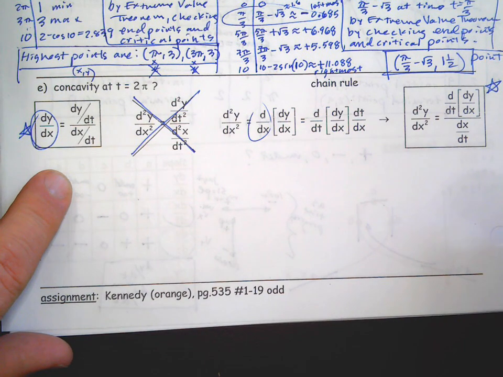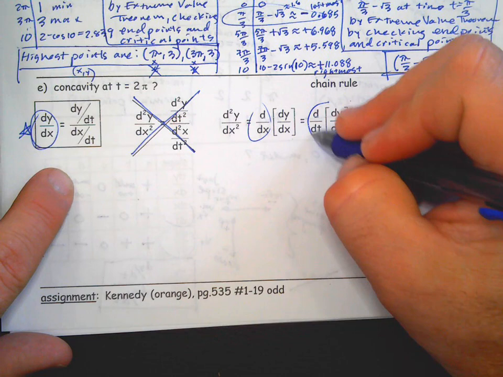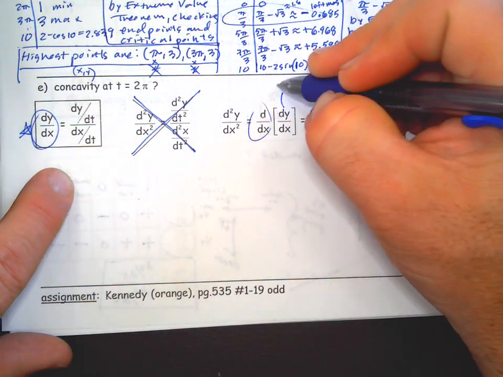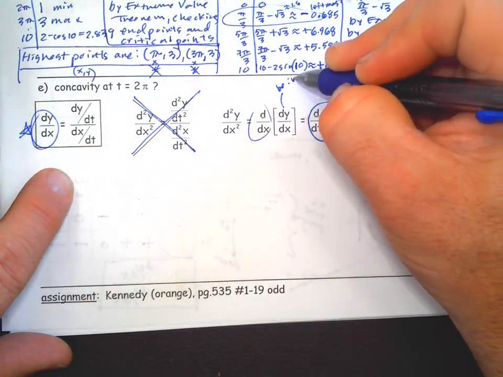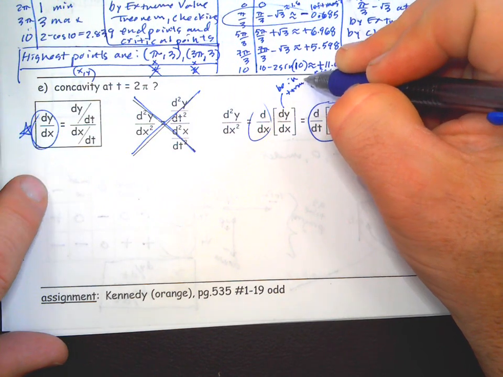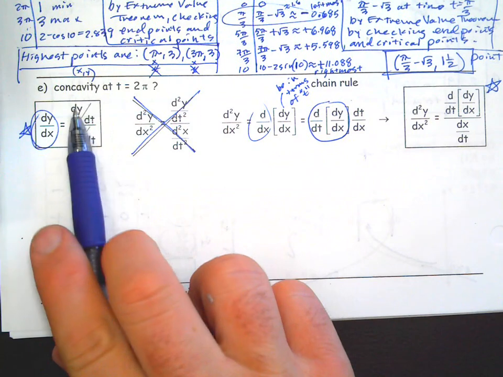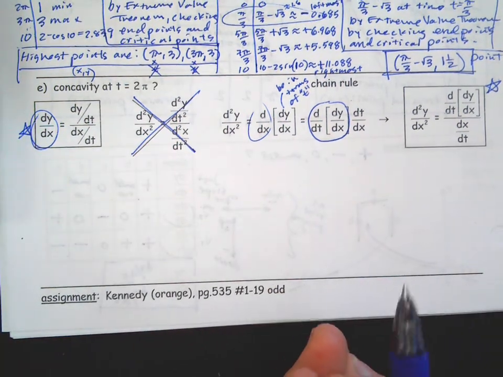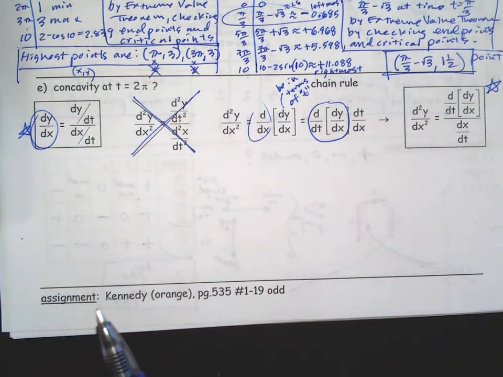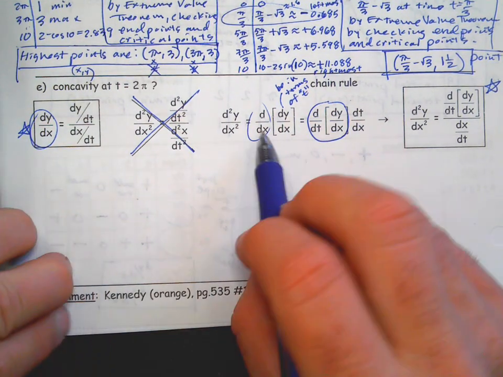So what we have to do is, this is going to be in terms of t, right? Because when we get dy/dt as t's, dx/dt as t's, dy/dx is going to have t's, but we're trying to take a derivative with respect to x.